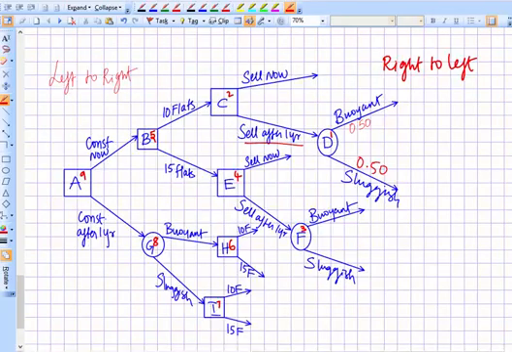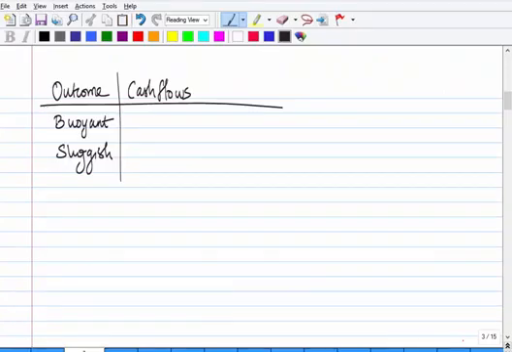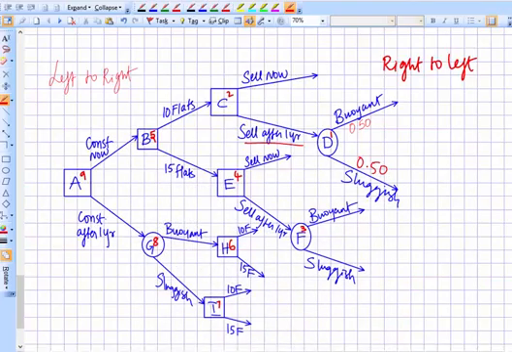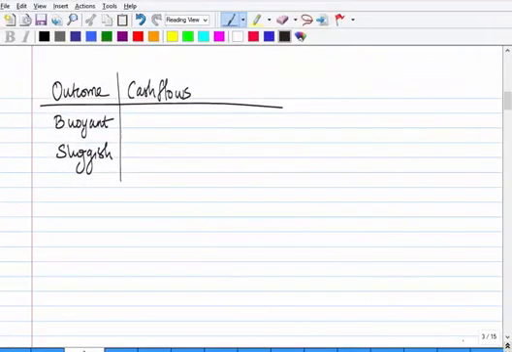So after 1 year, what are the cash flows we are going to get? We are talking about 10 flats, right? On 10 flats, when the market is doing well, you'll be able to sell them for 91 lakhs. Plus, you will also get rental of 7 lakhs on these 10 flats.